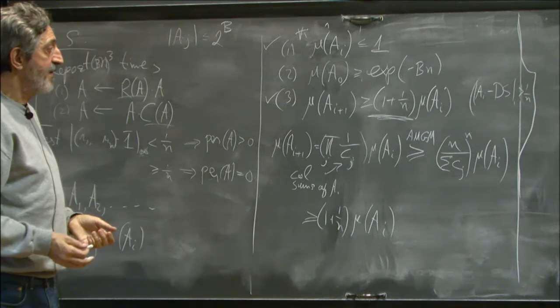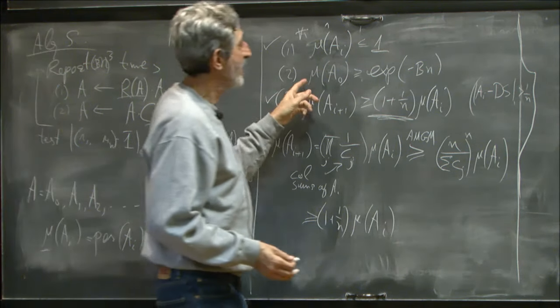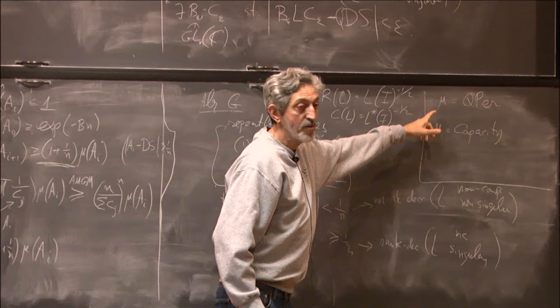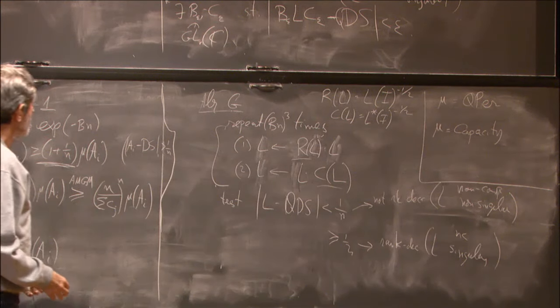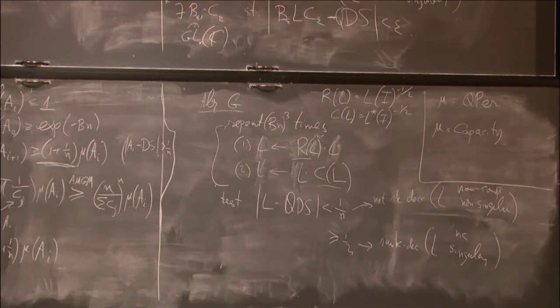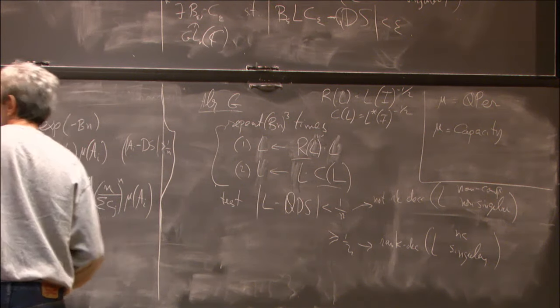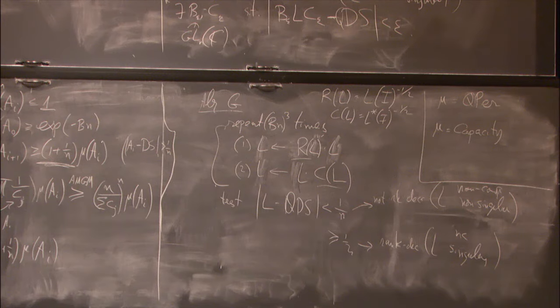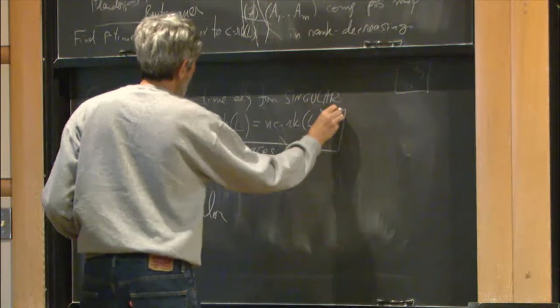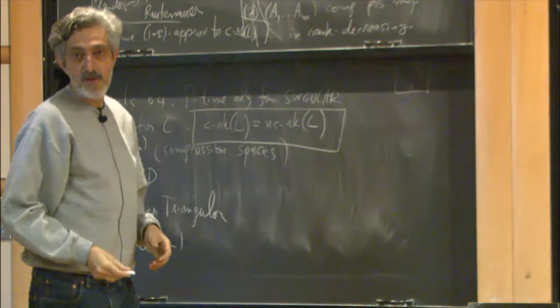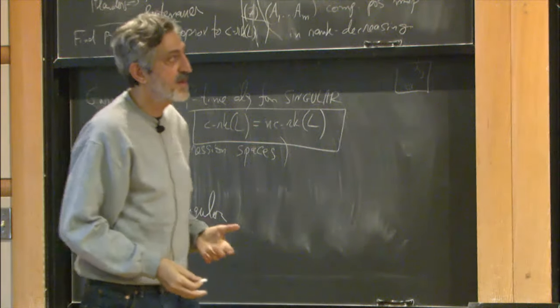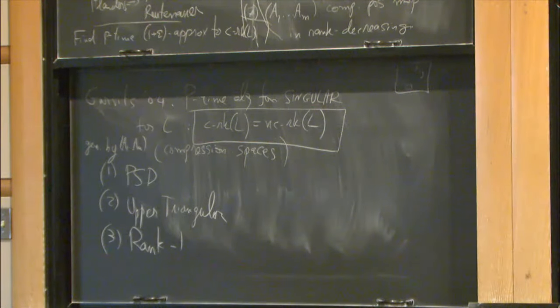In the case of quantum permanent, Gurvits simply proves it when we are in a compression space. He proves that it's exponentially small. And let me tell you more specifically what he proves, which we generalize.